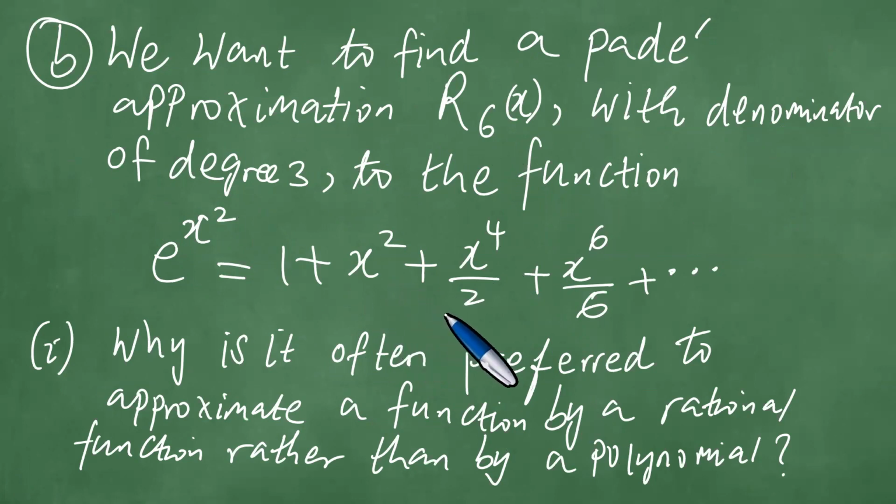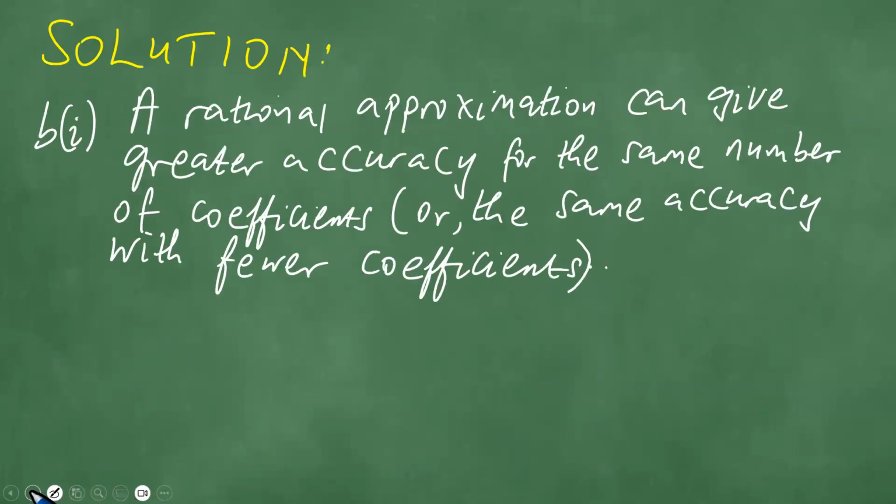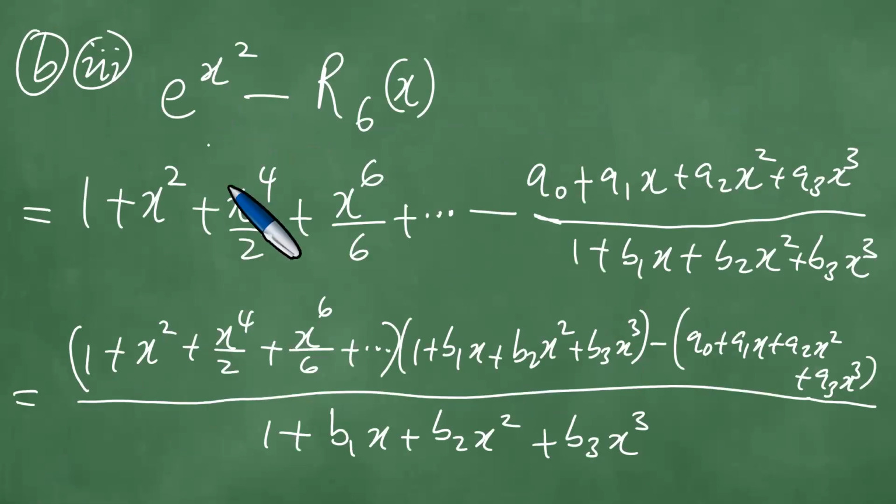And the strategy to find a Pade approximation R6 of x with denominator of degree 3 to this function is to subtract the two, and say this one goes up to infinity. This rational function is therefore subtracted from this here. Okay, so it's e to the x squared minus R6 of x, like this. And then we are able to proceed from here.